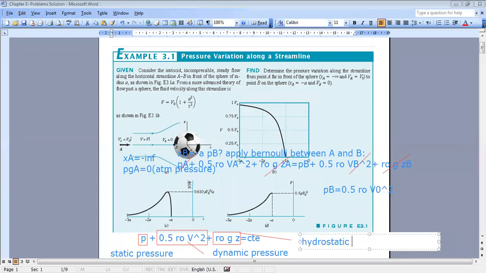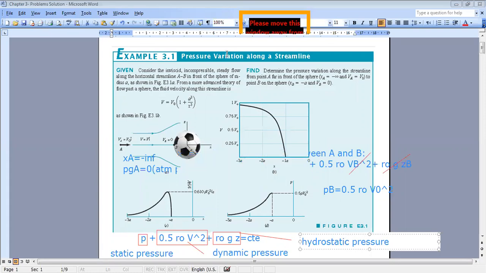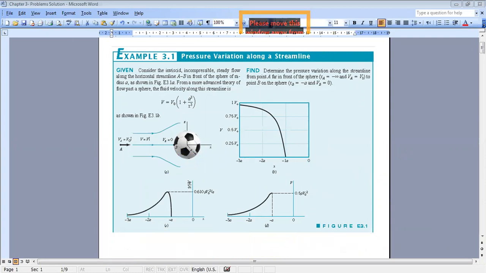Okay. Now, if we continue our problem here, just let me check your charts. Okay. So, if we continue here, we want to find the expression of pressure. So we will integrate from A. We will choose A because we already know that P at A is 0 gauge. Okay.